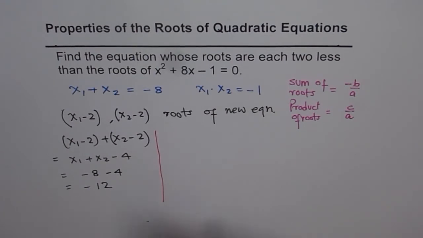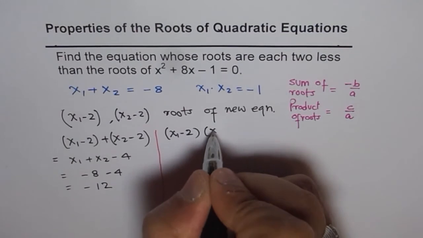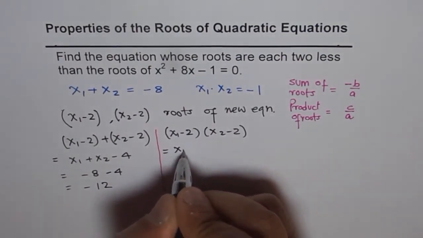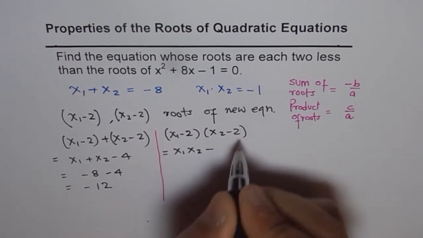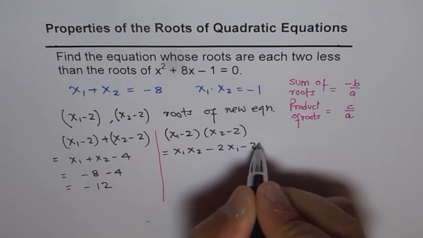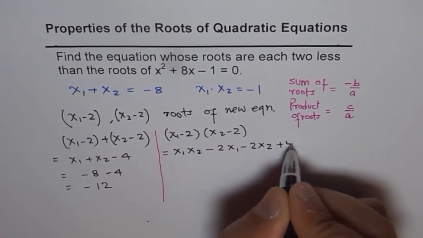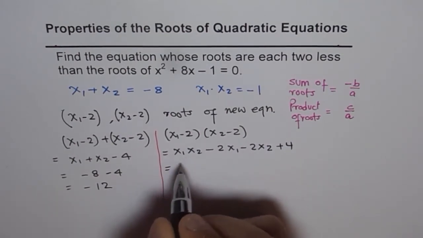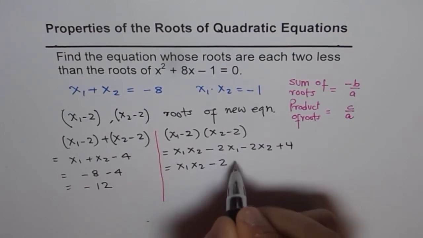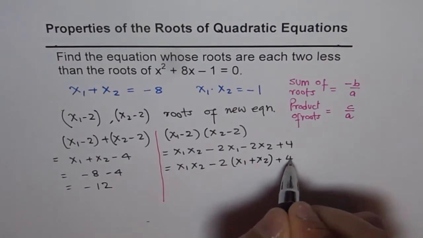The product of these roots will be x1 minus 2 times x2 minus 2. That is equal to x1 x2 minus 2 times x1 minus 2 times x2, and minus 2 times minus 2 is plus 4. So we get this equal to x1 x2 minus 2 times x1 plus x2 plus 4.